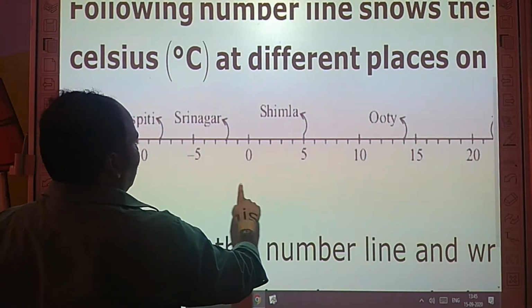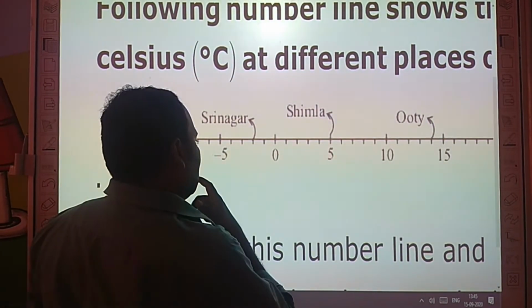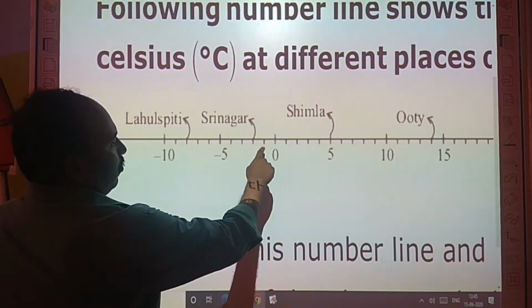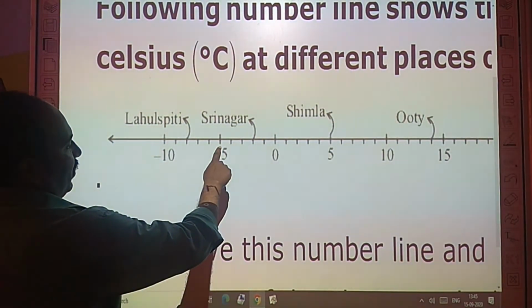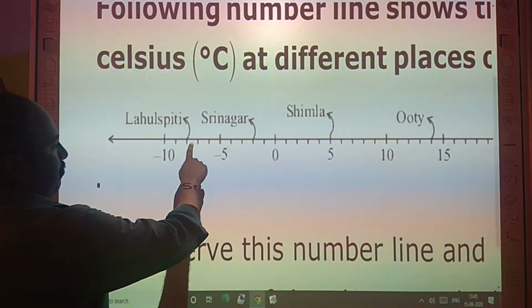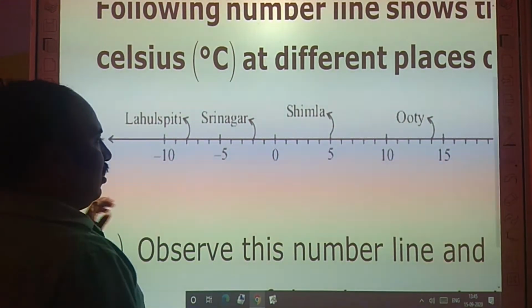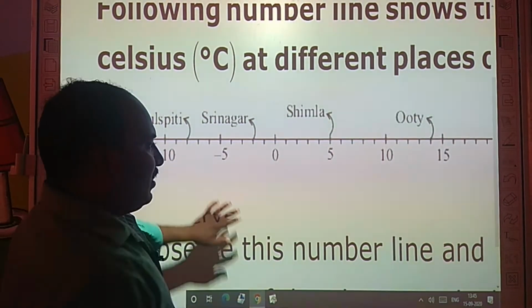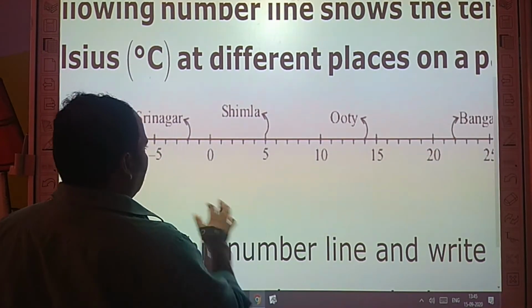The left hand side is negative integers and the right hand side is positive integers. 0, minus 1, minus 2, minus 3, minus 4, minus 5, then minus 6, minus 7, minus 8, minus 9, minus 10.